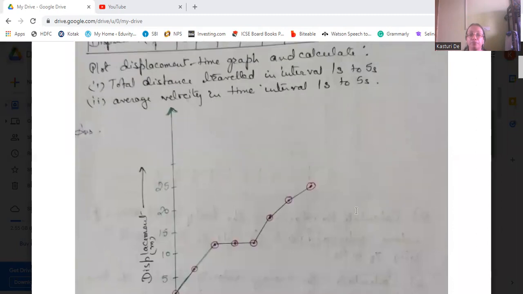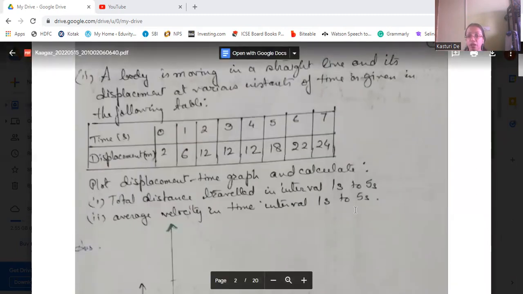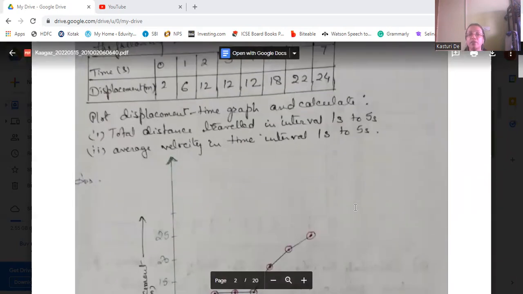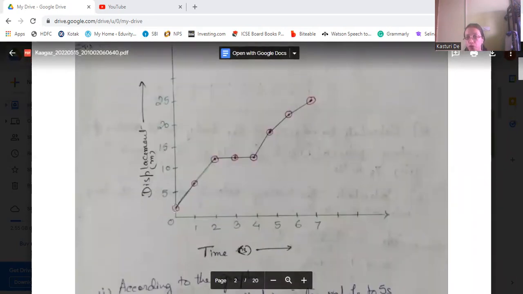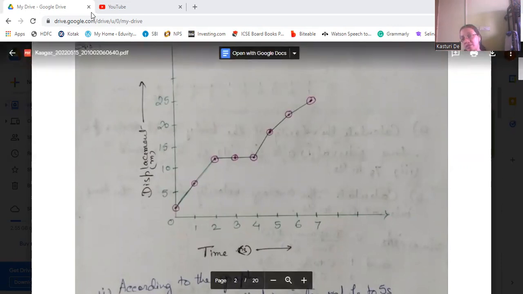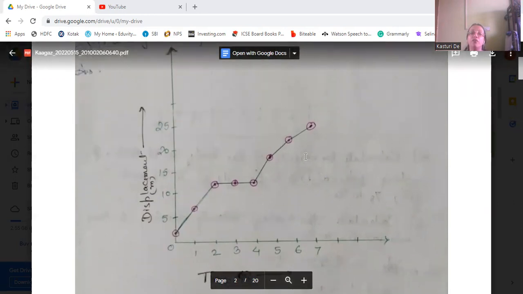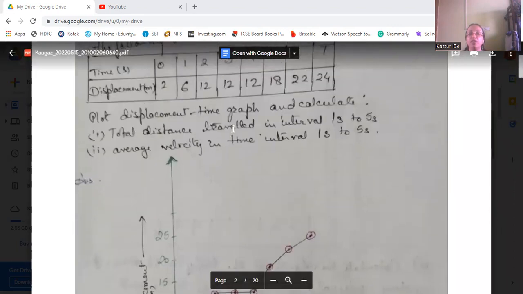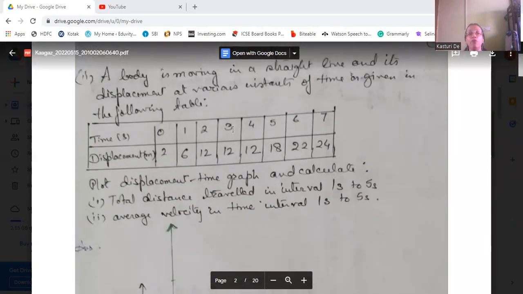According to the table, when time was 0 seconds, the displacement was 2 meters. The x-axis is time and the y-axis is displacement. At 0, it is 2. Then at 1, it is 6. At 2, it is 12. At 3, it is 12. At 4, it is 12.